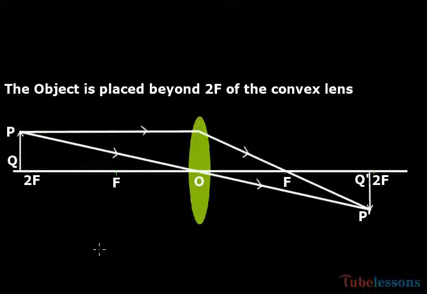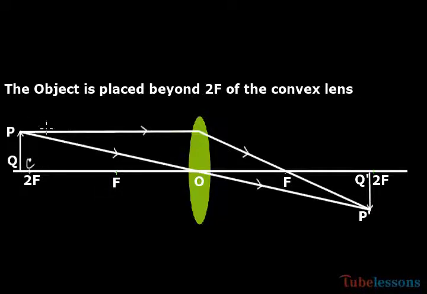You know, the center of curvature is at a point whose distance is double the focal length. This is f and this is 2f. This 2f is actually the center of curvature, C. And the object is beyond C, that is beyond center of curvature.